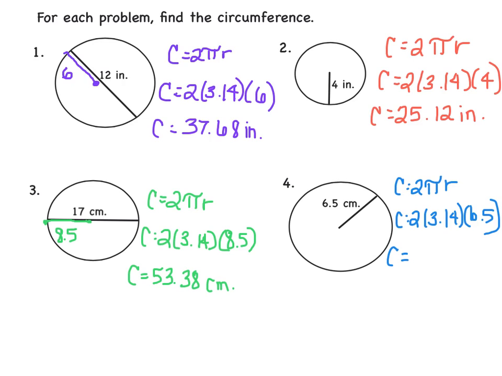Multiply straight across, and we get C equals 40.82 centimeters. Great job if you got all of those correct.